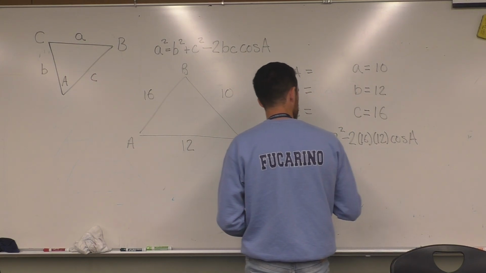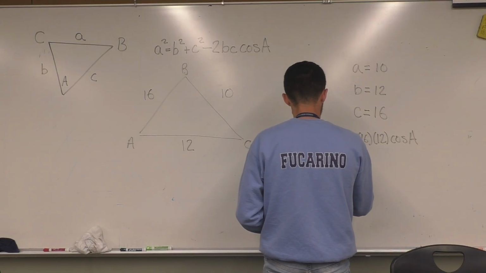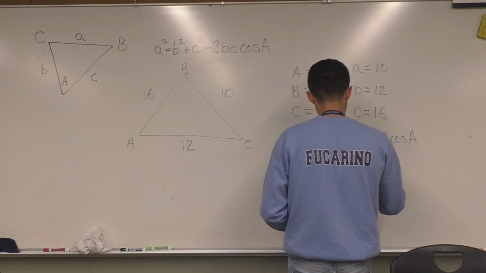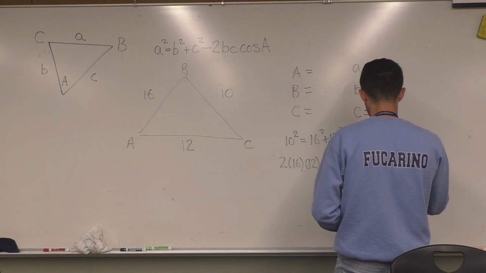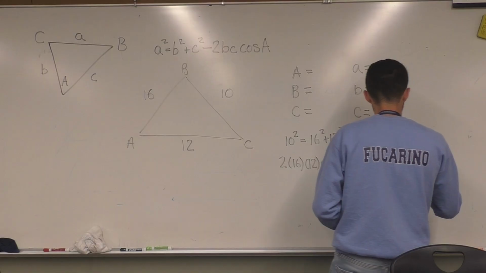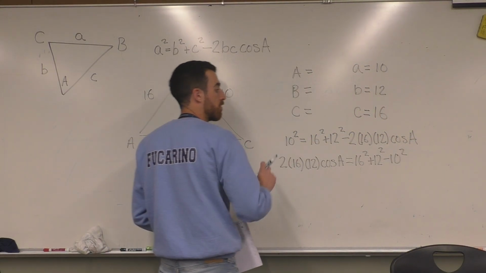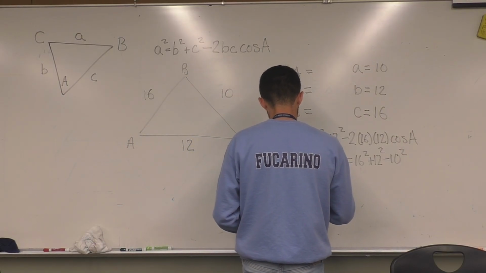And I'll skip the work for that just a little bit to get cosine by itself. If I add this term on the right to the left side and I subtract the 10 squared, there's fewer negatives.